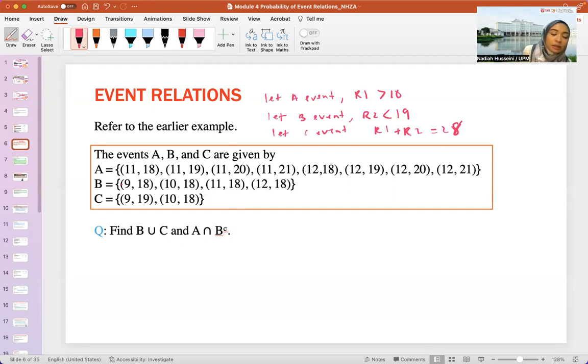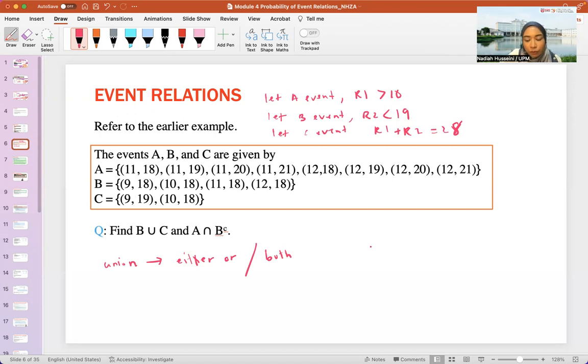Let's try this one. Find B union C. What does union mean? Union means or, either or. It can be either B or C. It doesn't have to be both at the same time, or it can be both.